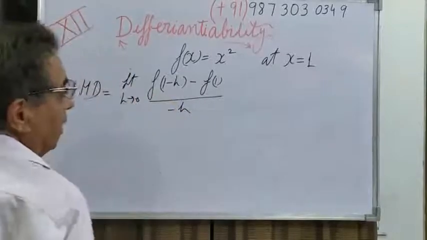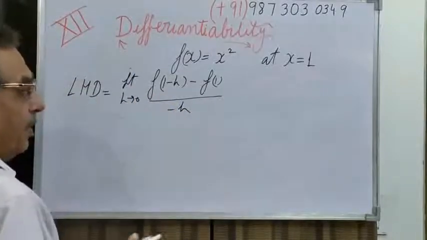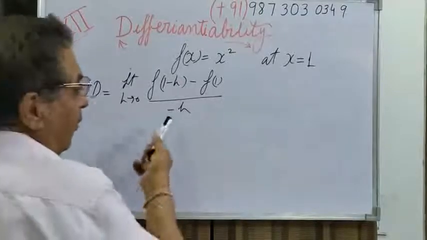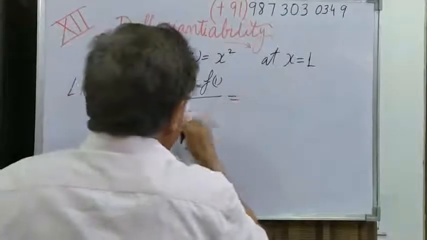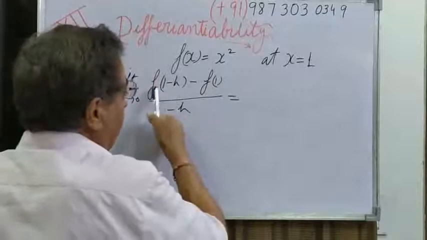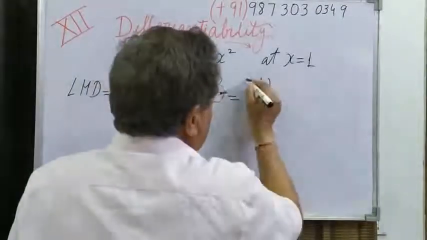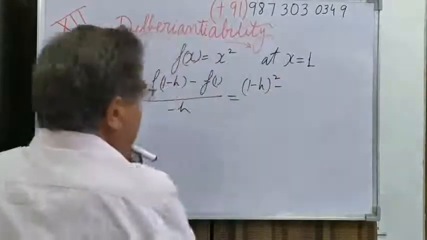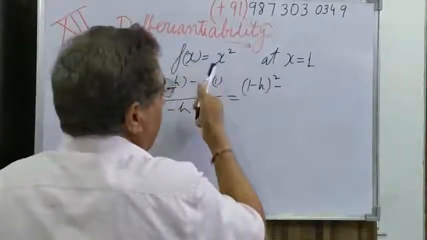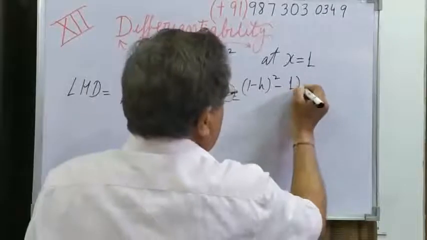This is our left hand derivative, as per the formula we have done before. So f(1 minus h) means for x square we will put (1 minus h) whole square, and f(1) means 1.